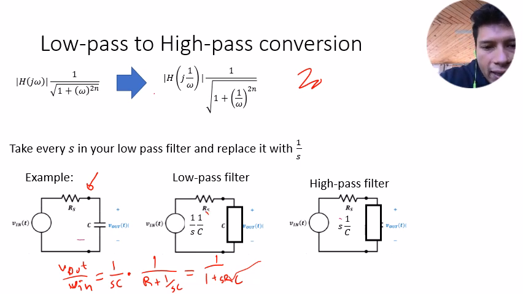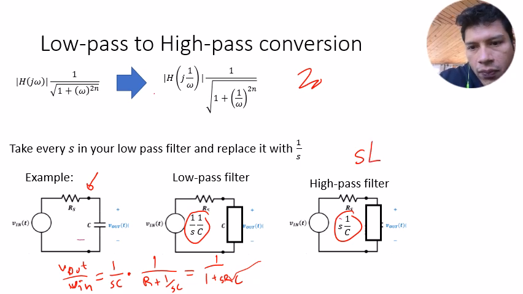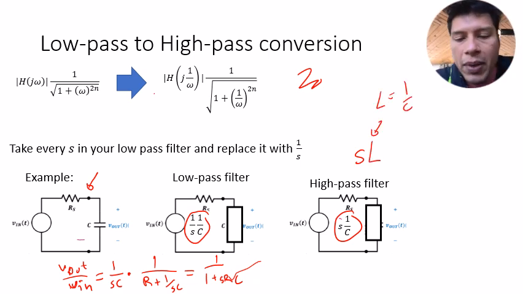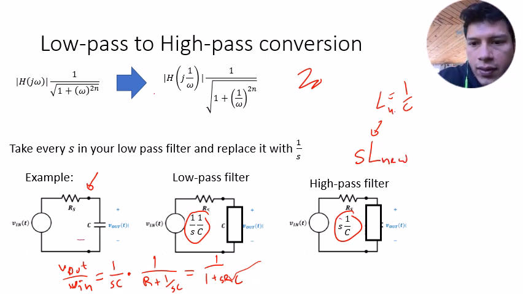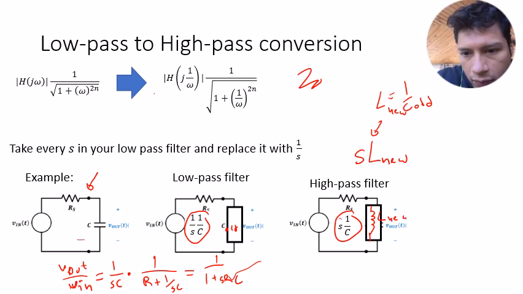Now, I can take this capacitor and replace it with an inductor L new, where L new is just equal to 1 over the original capacitance. So L new is 1 over C old. I'm going to define this as C old, and this will be my inductance L new, so that the impedance is going to be S over C old.